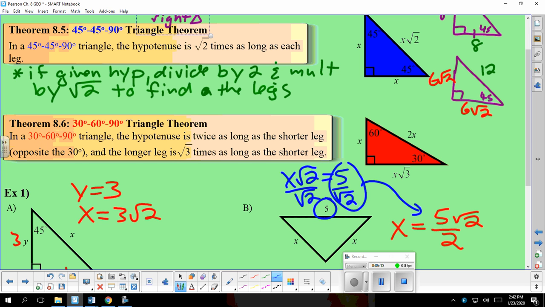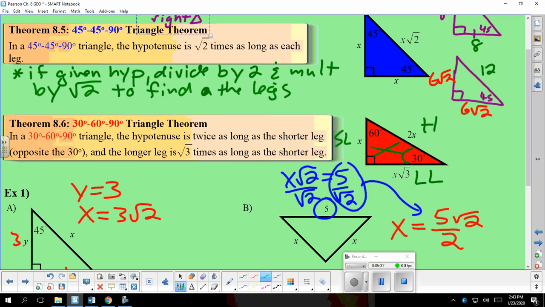So the first thing we need to do is be able to talk about the same things. So I'm going to label this across from the 30. That is my short leg. The hypotenuse is always across from the right angle. And then this other one is what we call the long leg. So we have the same idea here.